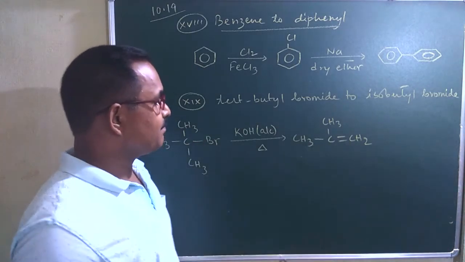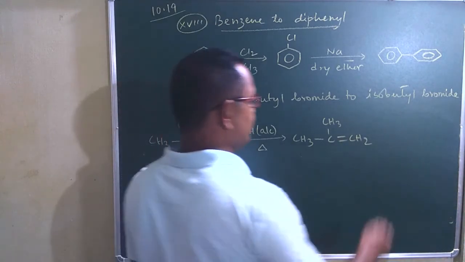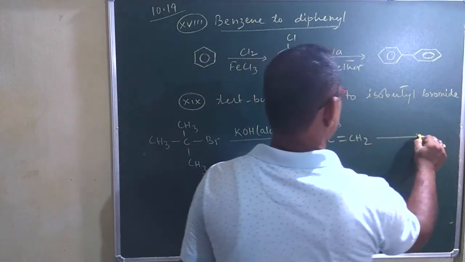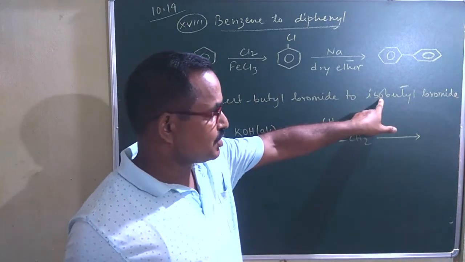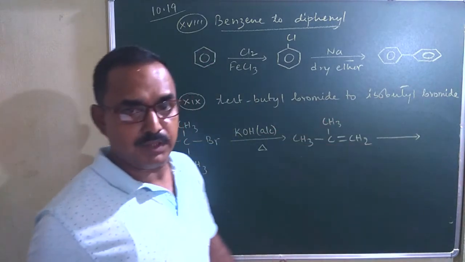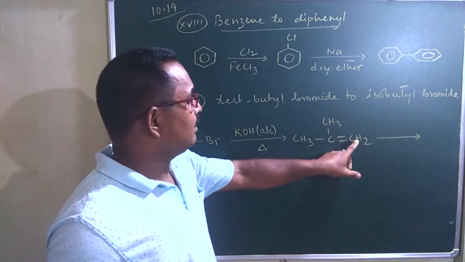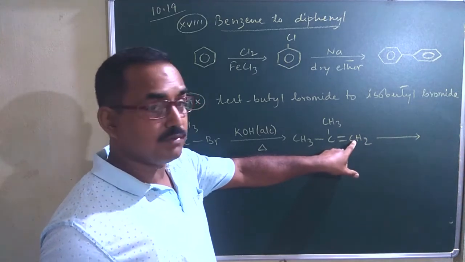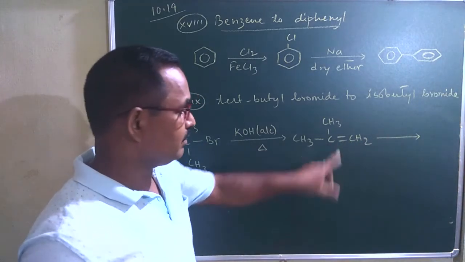What is this? This is 2-methylpropene. Now, from this, it is possible to prepare isobutyl bromide. Isobutyl bromide will be a compound where bromine is attached to this carbon and hydrogen to this carbon.